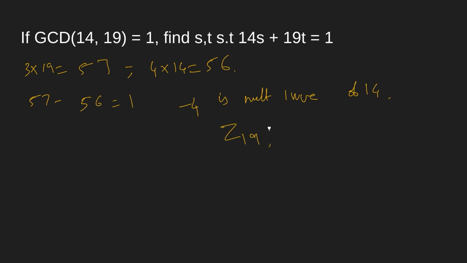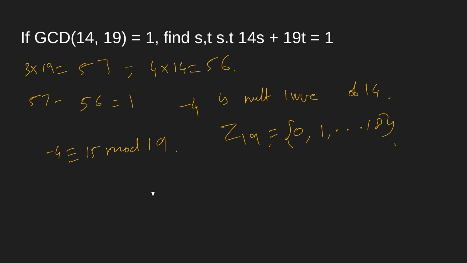But in the Z19 group, we only have positive numbers 0, 1 up to 18. We know that 19 is basically 0, because 19 divided by 19 has remainder 0. So negative 4 is actually congruent to 19 minus 4, which is 15 mod 19.